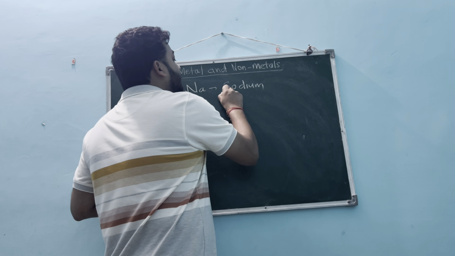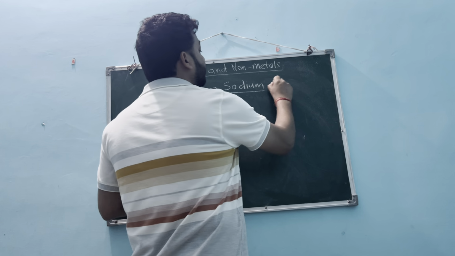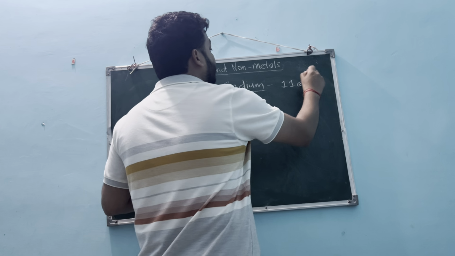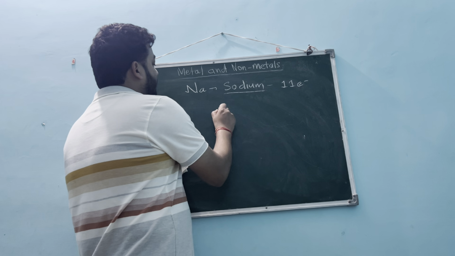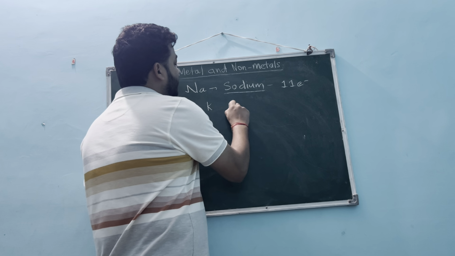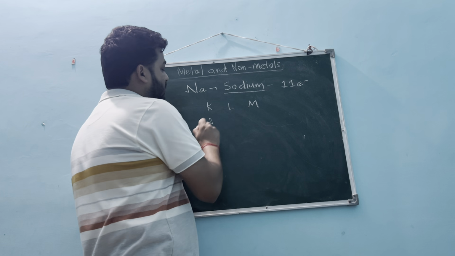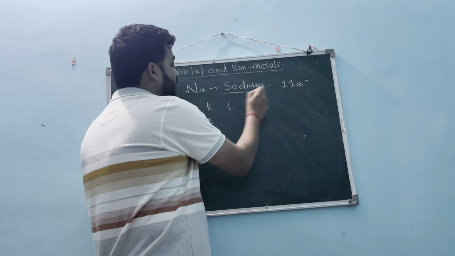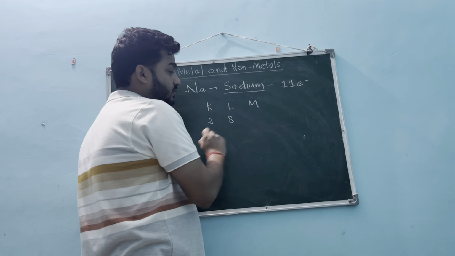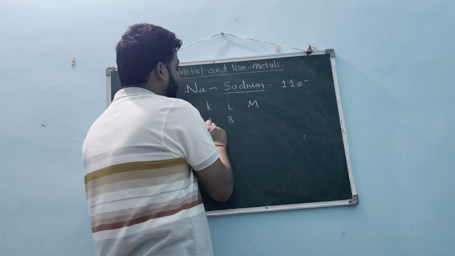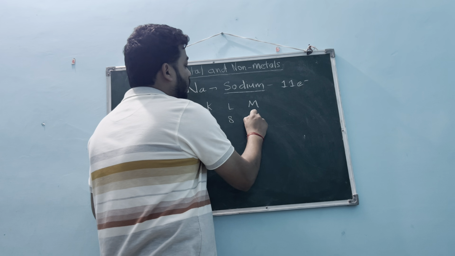How many electrons does it have? It has 11 electrons. Let's fill them in K shell, L shell and M shell. K shell must contain 2 electrons, then 8 electrons, and then how many are left? 8 plus 2 is 10, 11 minus 10, 1.